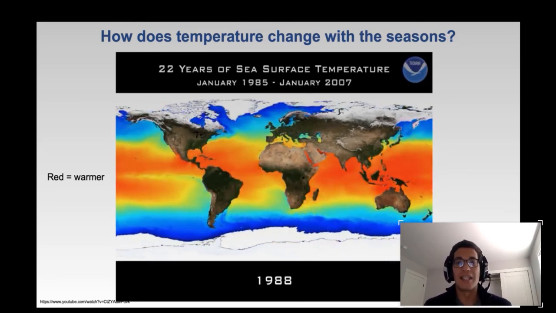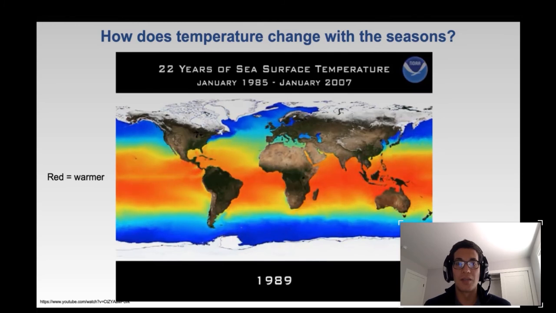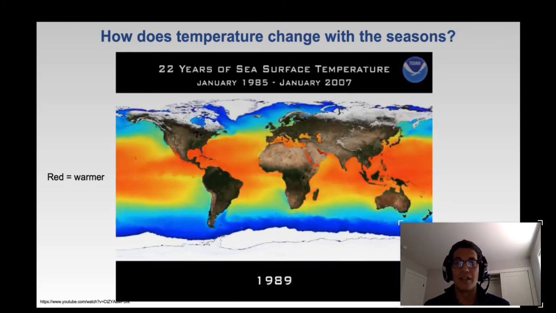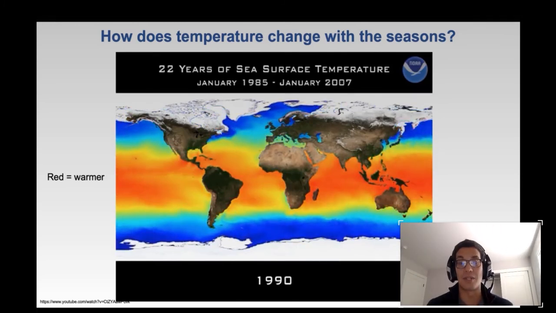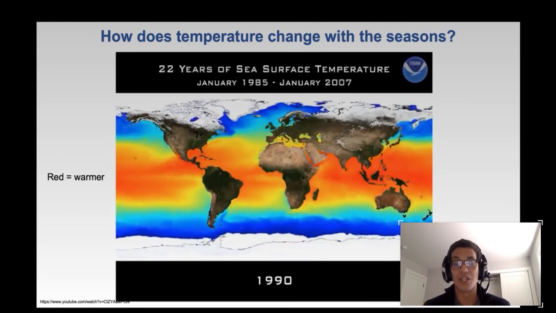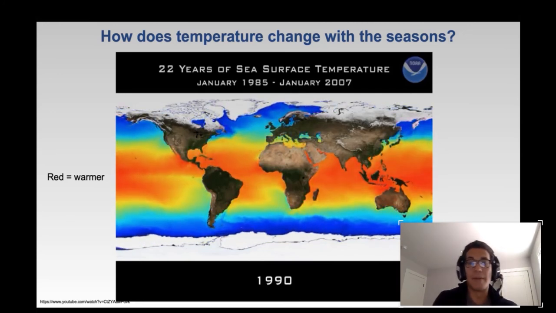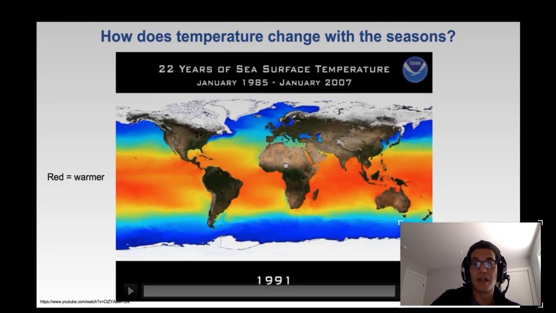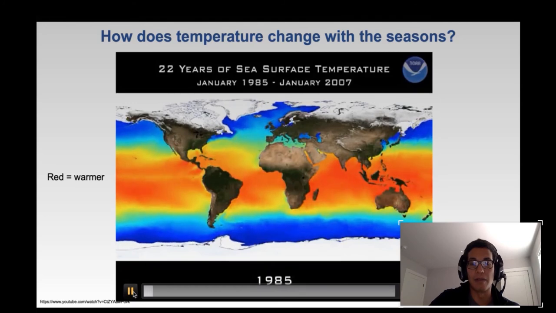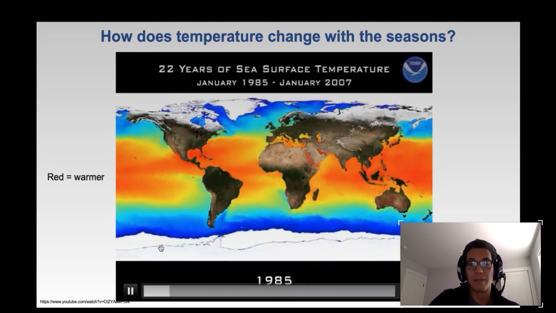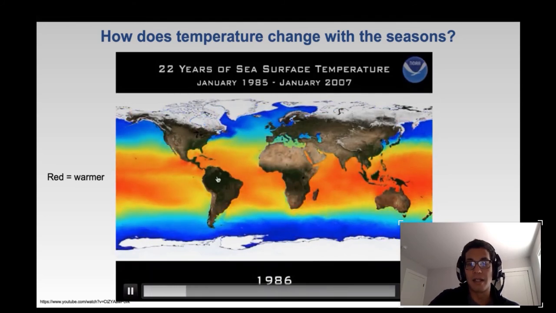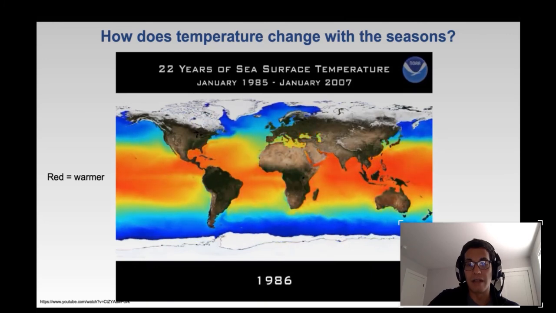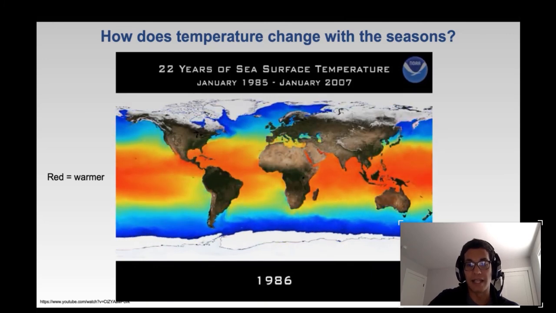But we can actually see this for the whole Earth. What you're looking at here is 22 years of sea surface temperatures, so temperatures of the ocean surface from 1985 to 2007, and I've cut this off to be just about a couple of years here. So it's about 1 year every, we'll say roughly 5 seconds.